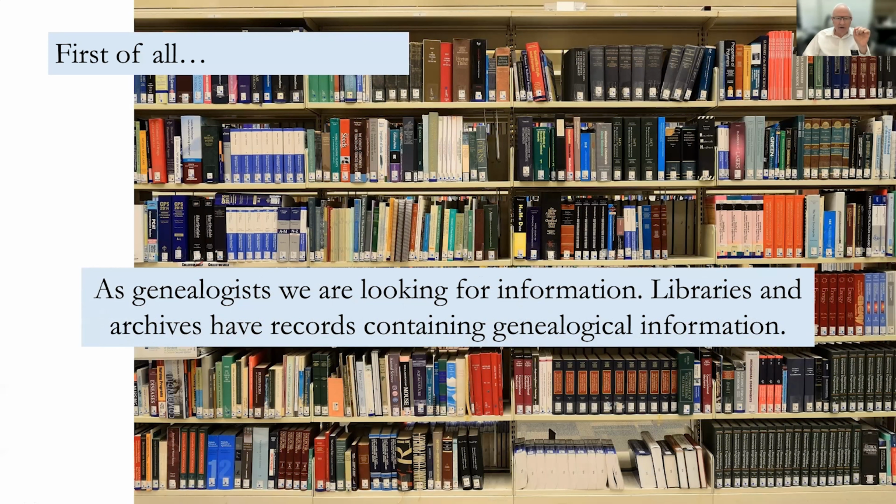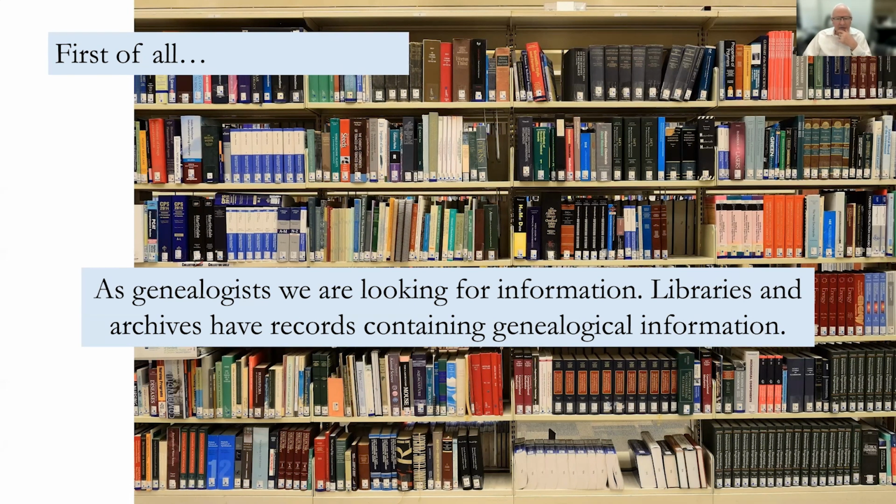Libraries and archives have records containing genealogical information, so we should probably be looking in libraries and archives. In today's world, it usually never occurs to most people, even when they're sitting in the library, that there are books out there that contain genealogical information.